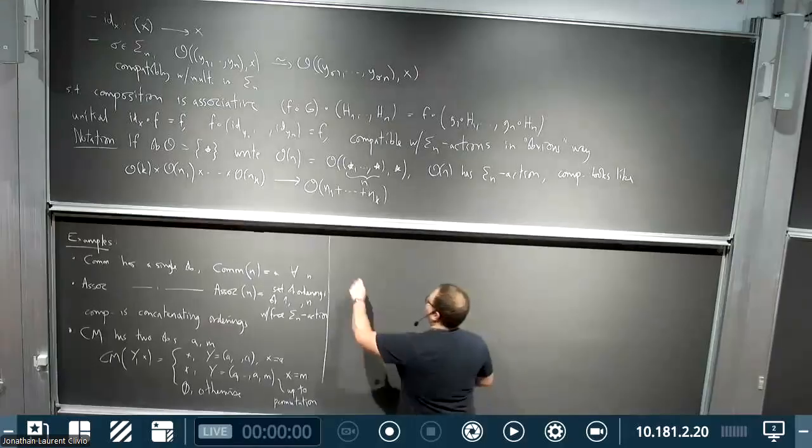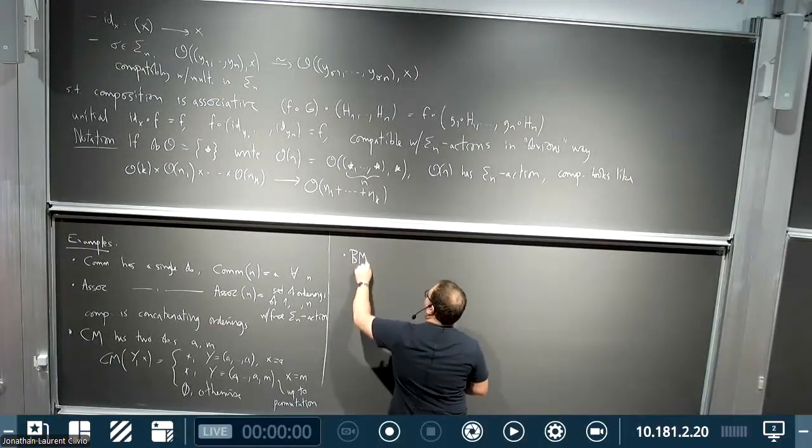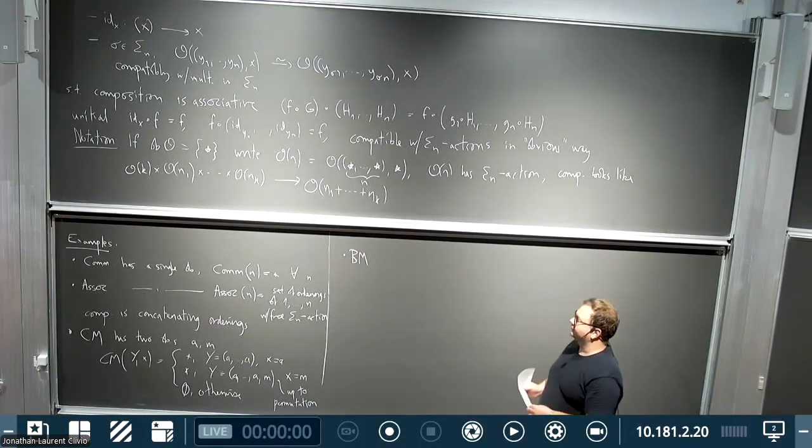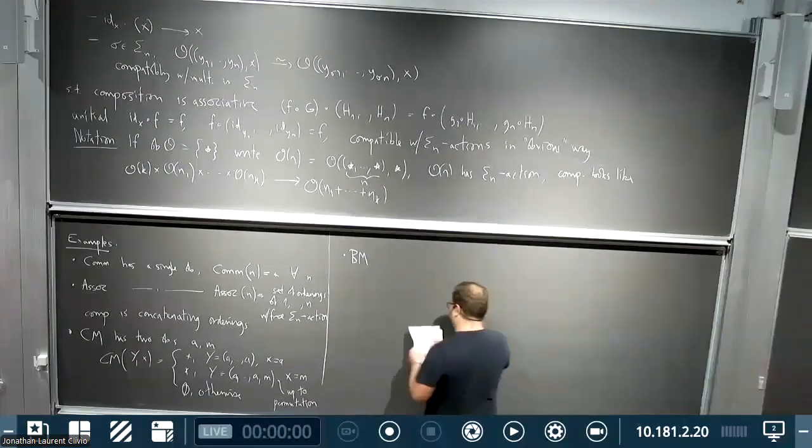Okay, and then the last example, BM, which is the operad for bimodules over two associative algebras.